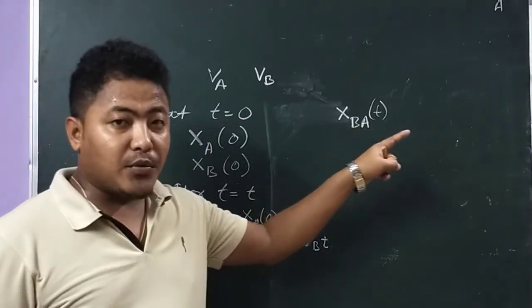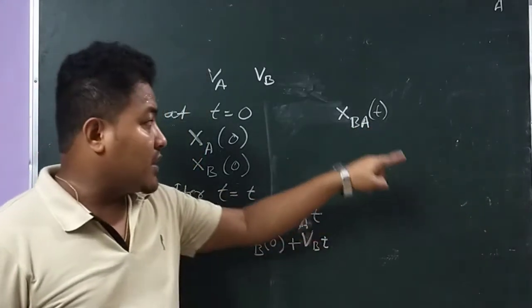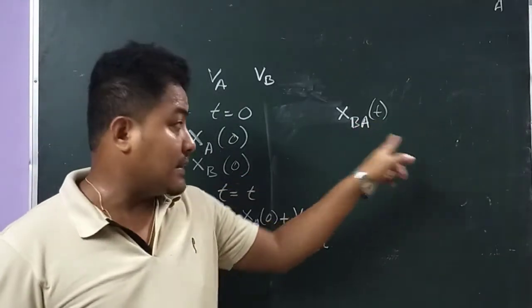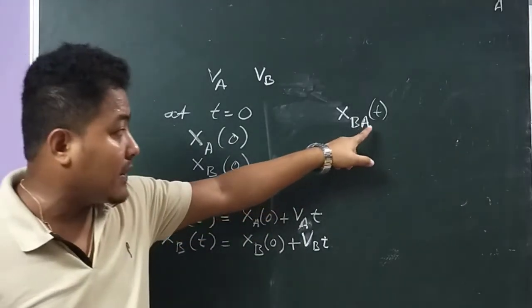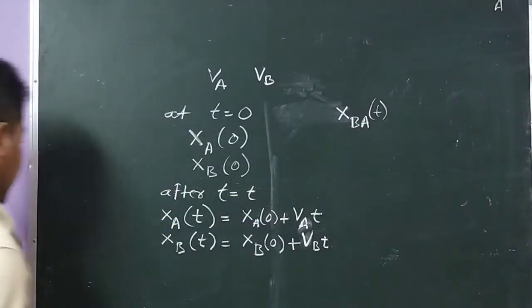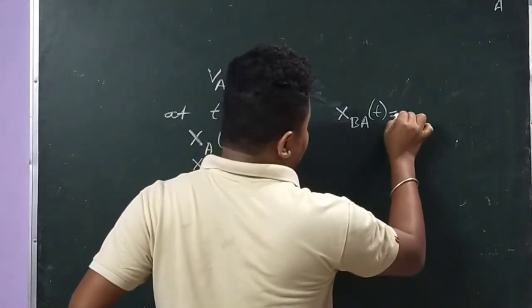Now we'll find out how much displacement has changed in time t from A to B. Remember, B to A is not A to B. B to A means it is reverse. That is from A to B. From A to B can be found as, how can we find it?